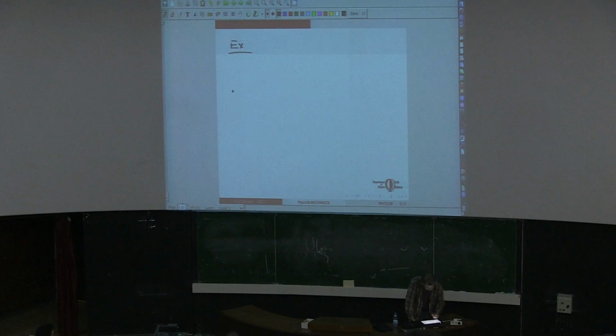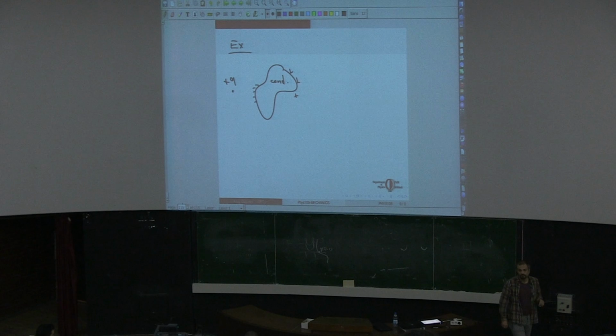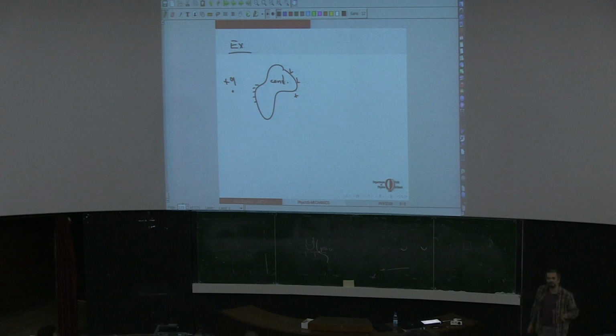So suppose that we have this point charge over here, plus Q. We can imagine some conductor. Well, there will be some negative charges over here, some positive charges over here. I mean, we will not be calculating it explicitly, but suppose we know the electric field. We can easily measure the electric field everywhere.